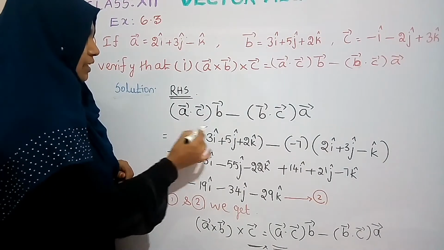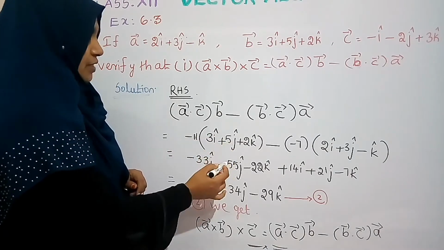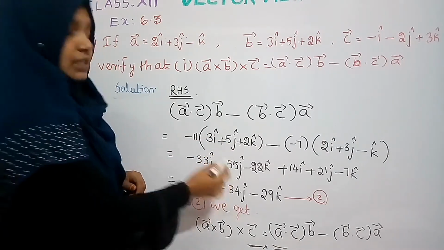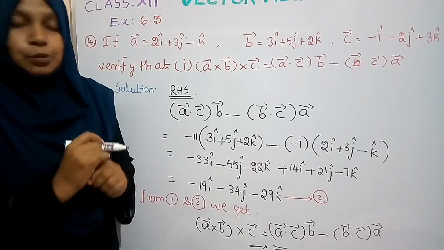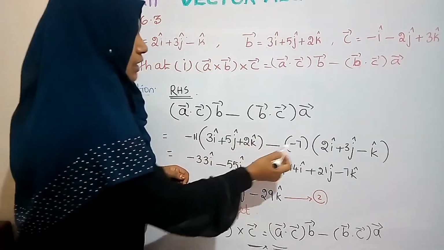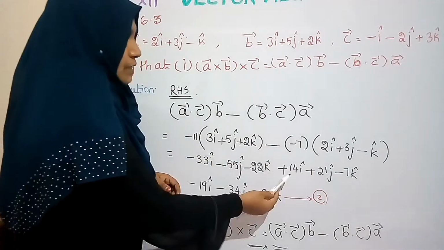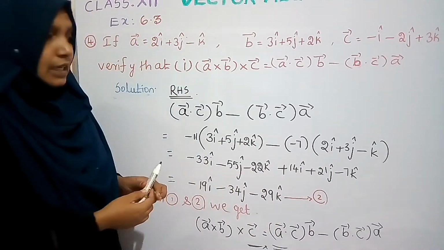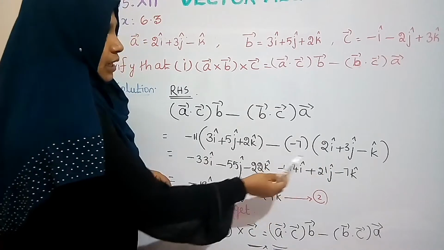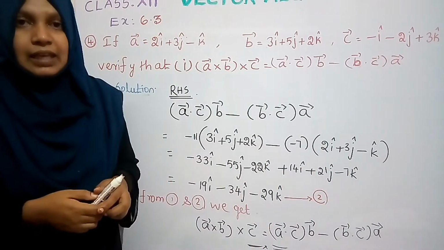So just multiply minus 11 into 3, minus 33 i vector, and minus 11 into 5j is minus 55j cap, and minus 11 into 2 is minus 22 k cap. And here, minus of minus 7 becomes plus 7. So it is plus 7 into 2, plus 14 i cap, plus 7 into 3j cap is plus 21 j cap, and plus 7 into minus 1 k cap is minus 7 k cap.